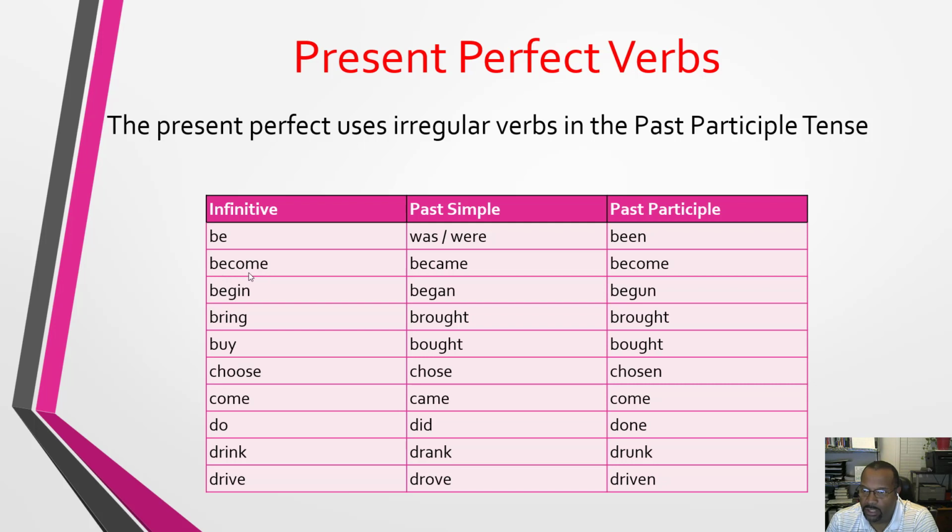Become, right? Base verb become, past simple became, past participle become. Begin, began, begun. Bring, brought, brought. Buy, bought, bought.